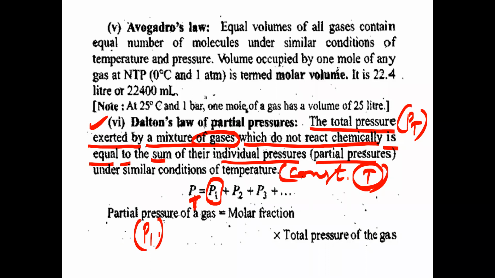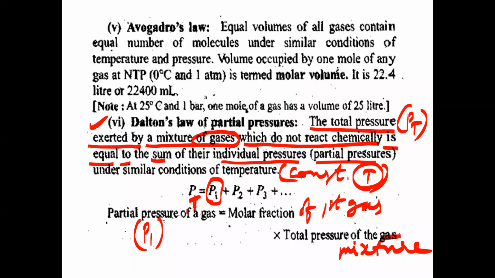That is, the partial pressure of the first gas is equal to the mole fraction of the first gas into the total pressure of the gaseous mixture. So the mole fraction of that individual gas into the total pressure of the gaseous mixture will give the partial pressure of that individual gas.